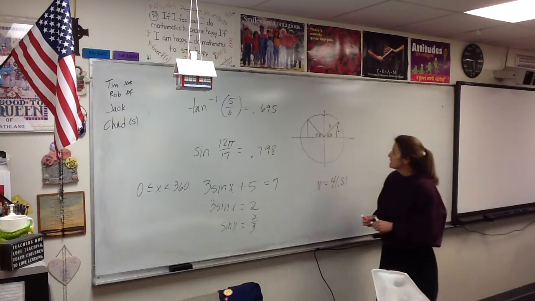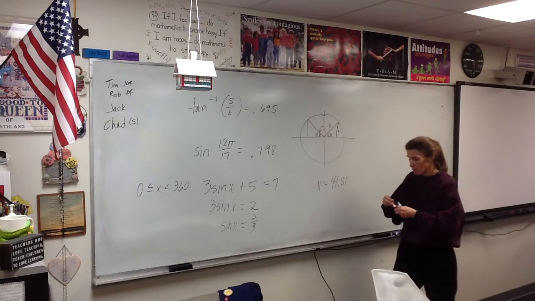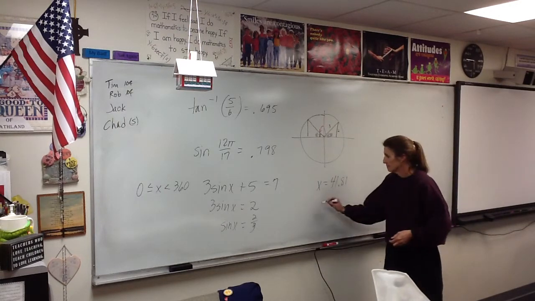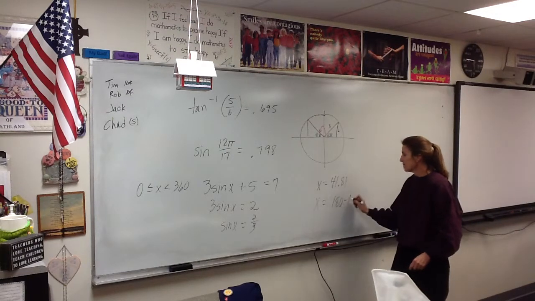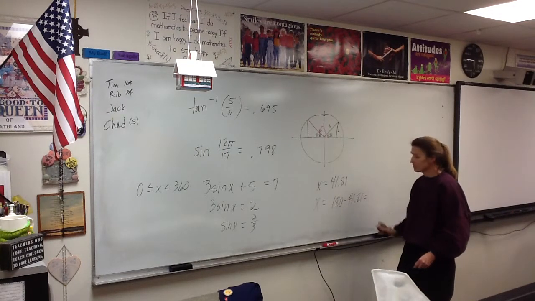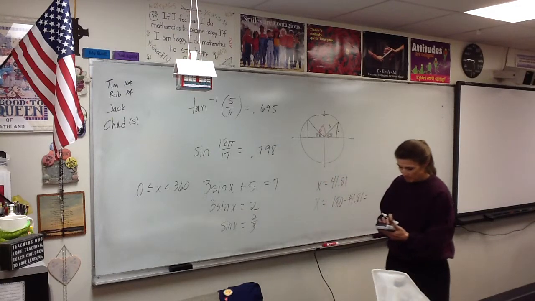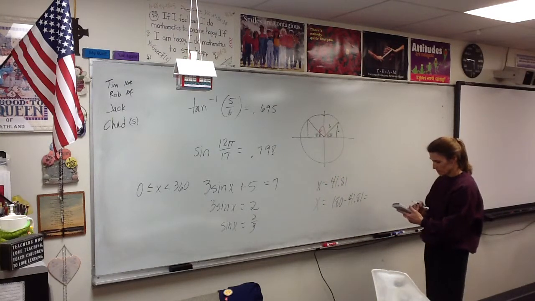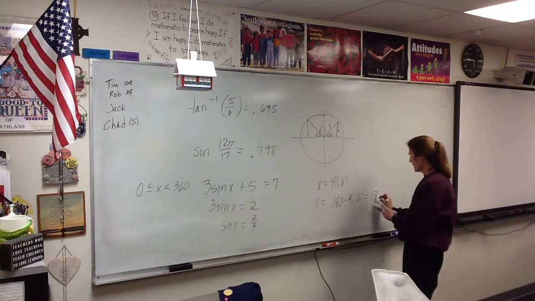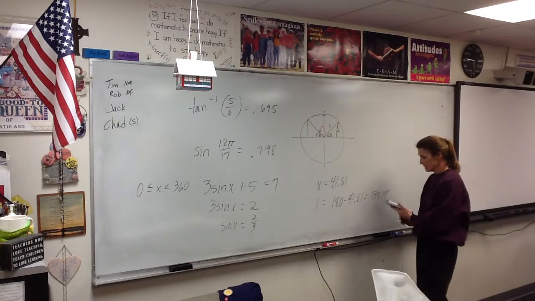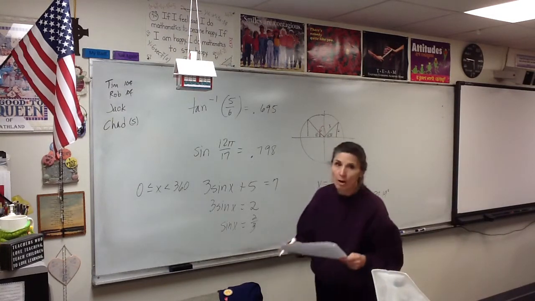In quadrant 2, what would the answer be? I hope you're saying 180 minus 41.81, because that's what it is. So 180 minus 41.81 gives me 138.19 degrees. So those are the two answers to the problem.